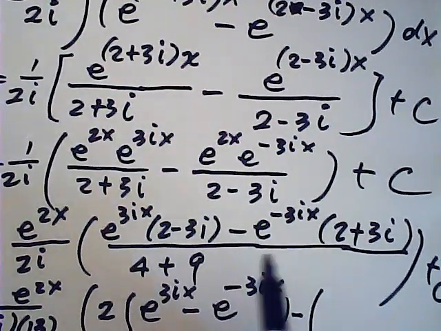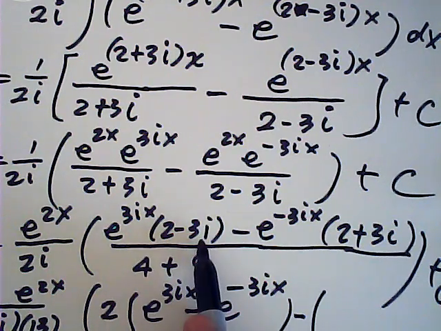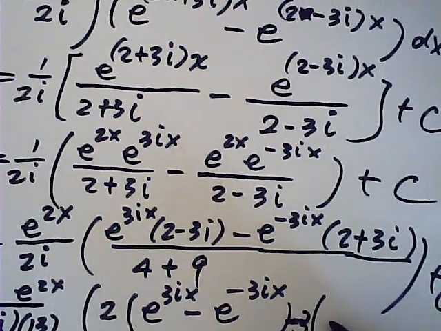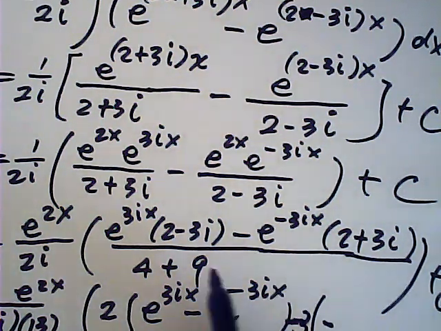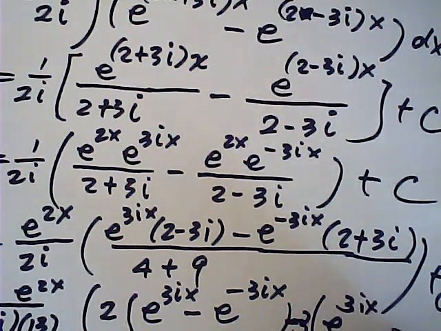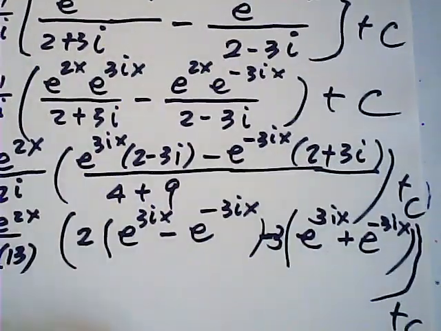Wait a minute, this is 2, this is 2, right? This is 3, this is 3. So I have a common factor 3, minus 3. This time this one is e to the 3ix plus e to the negative 3ix, plus c.